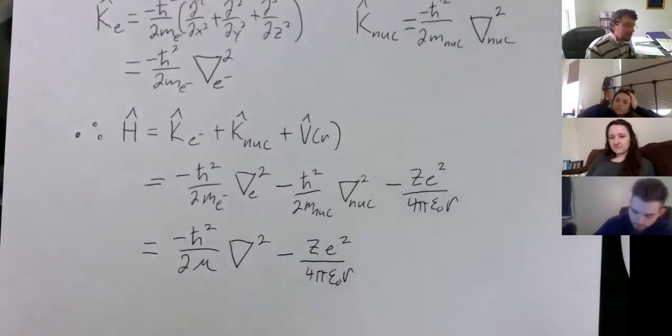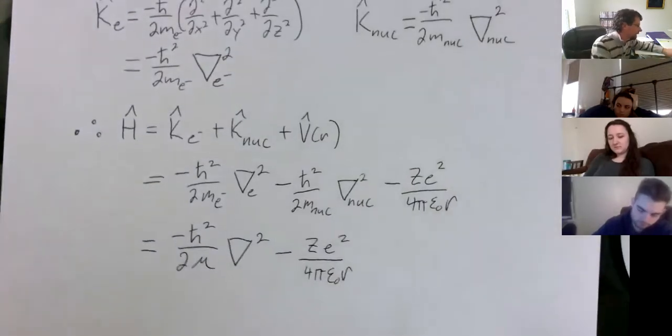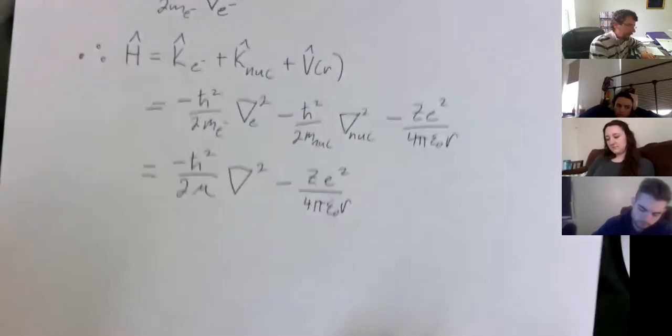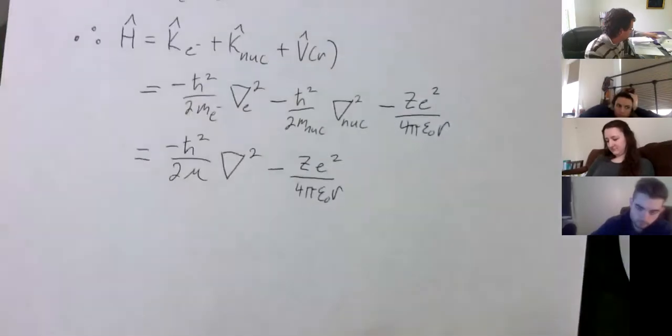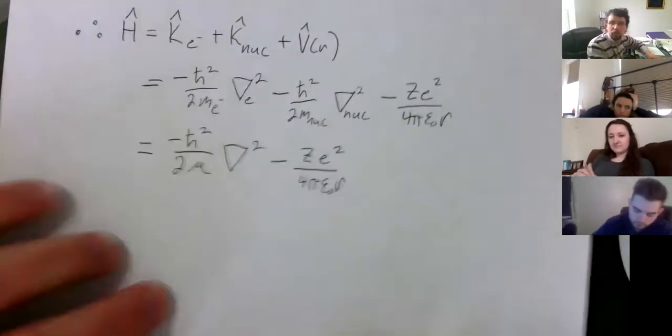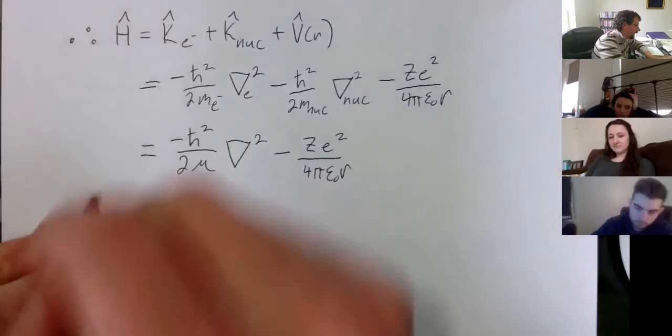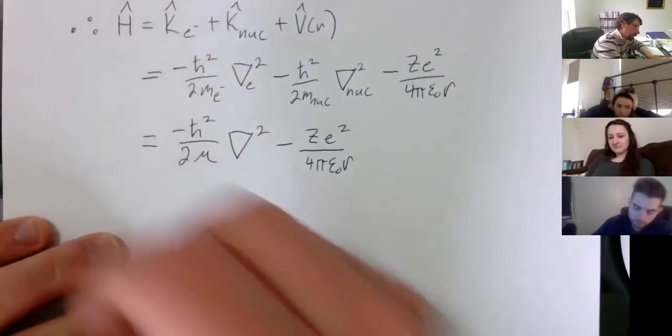Okay. Now, what about the wave functions? We always consider the wave functions. We're going to talk about that in a moment, but to explain what we're going to do, we have to talk about the potential for a moment.